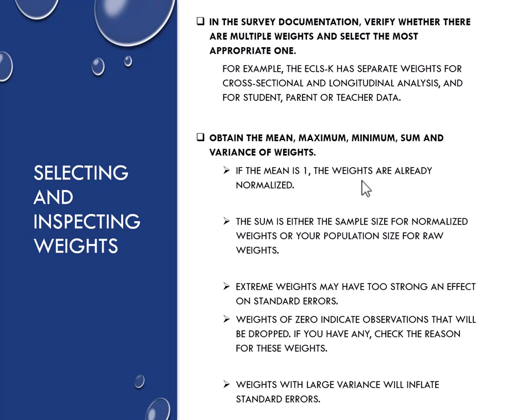They typically sum to the population size. You should check for extreme weights, then you should normalize them. There may be weights of 0, which means that those individuals will not count in any analysis you run. If there are weights of 0, check why these weights are 0. If you have extreme weights, they will affect the variance.